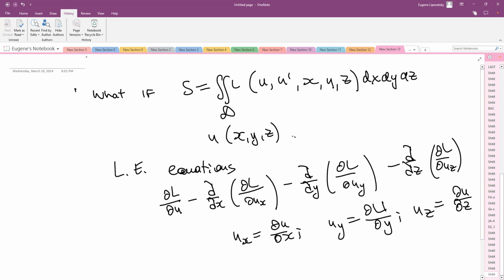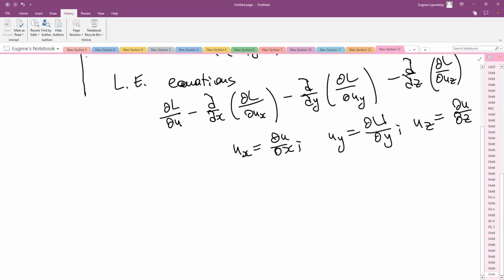That's the Lagrange equations where u is a function not of one variable, but of several independent variables.